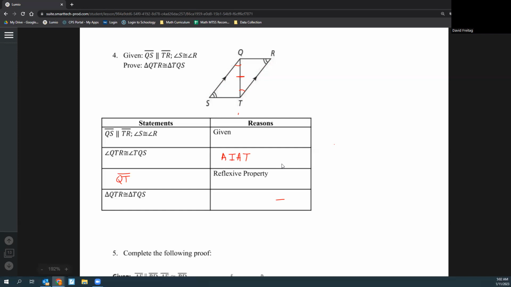So QT is congruent to QT by the reflexive property. Now I have angle, angle, side. So I know that triangle QTR is congruent to triangle TQS by angle, angle, side.